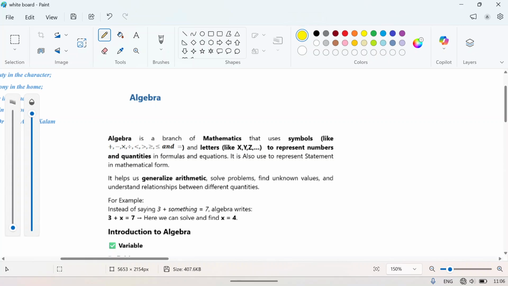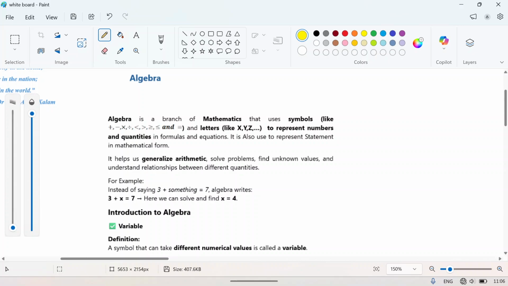So algebra is basically the branch of mathematics in which we use symbols and letters to represent any statement in mathematical form. It's called algebra. This branch of algebra is always used for solving puzzles and unknown things, or for finding the relationship between two unknown things or two different quantities.